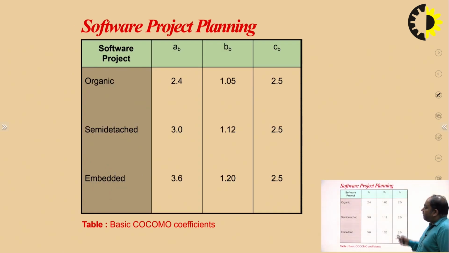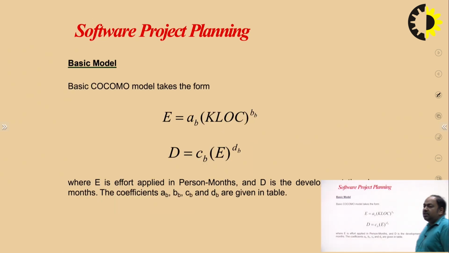It is calculated using these values. So for the basic model, effort E is equal to A times KLOC raised to the power B, and D is equal to C times the effort raised to the power D.